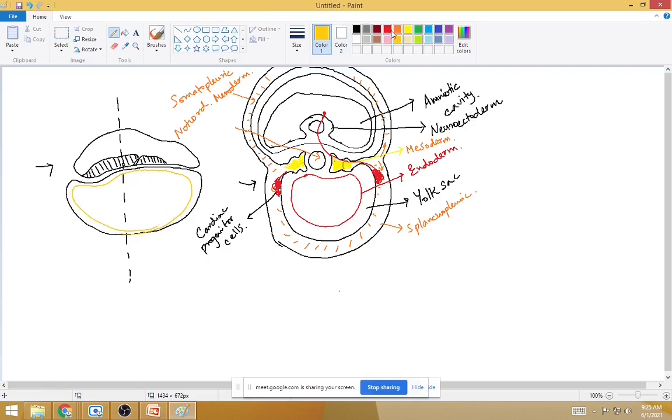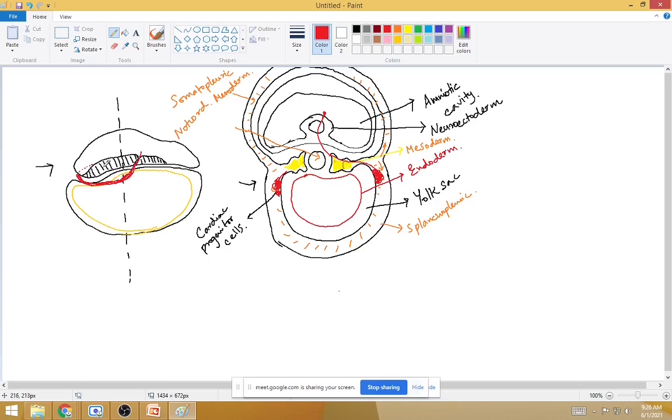In between them, since they are coming from the primitive streak, they will lie by the side and in front. At which layer? At the splanchnopleuric mesoderm.